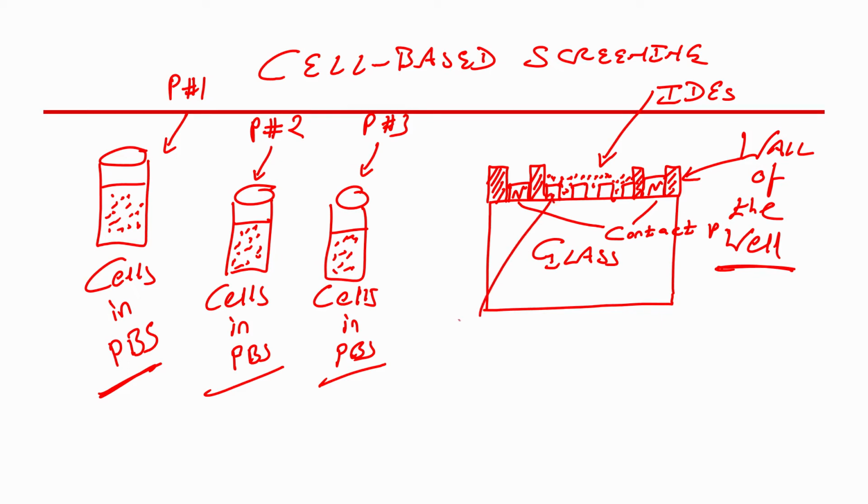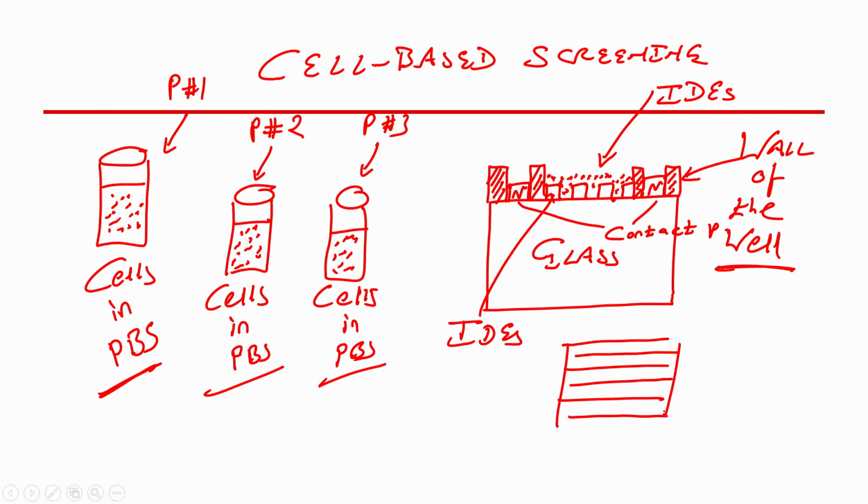These are called interdigitated electrodes. If I see the top view, it looks like this. These are interdigitated electrodes. Now, what you have to do is load the cells on this.